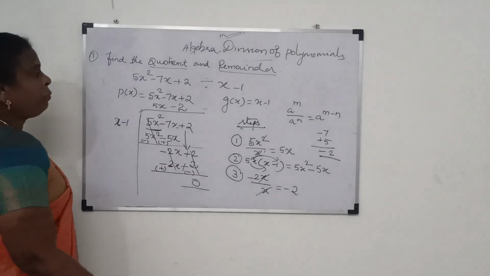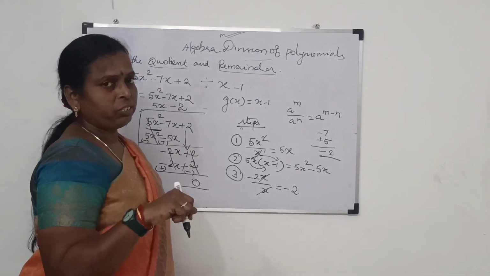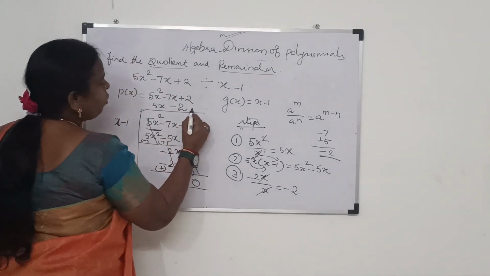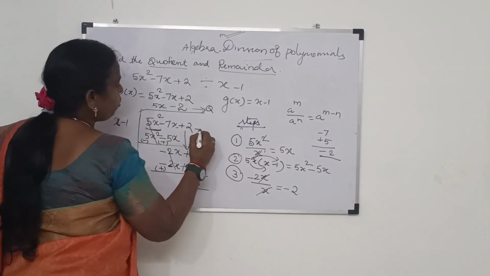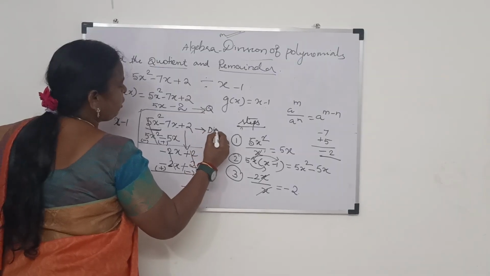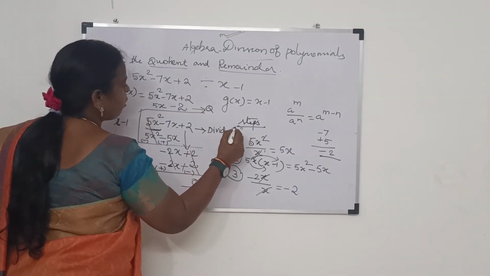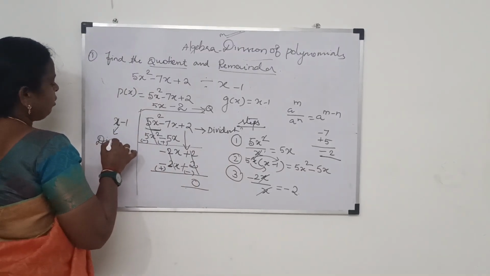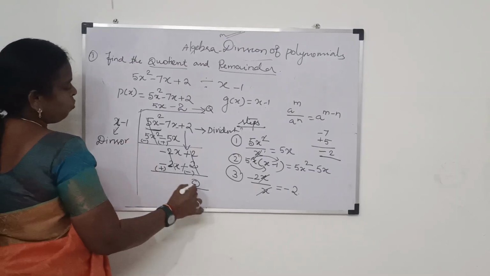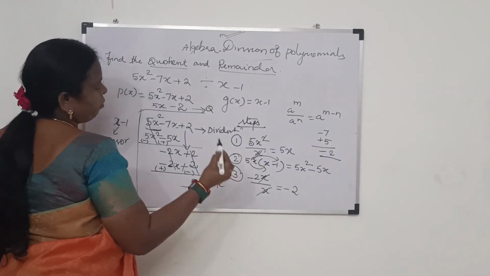Comparing with the normal division method, this is called the quotient, this is called the dividend, this is called the divisor, and this is called the remainder.